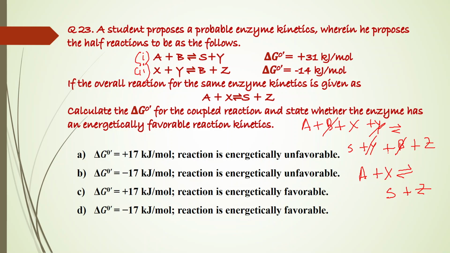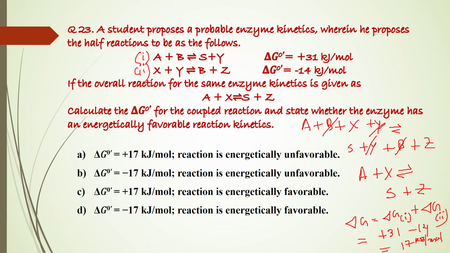So how do we calculate the overall delta G as well? The overall delta G would be delta G of reaction 1, the first half reaction, plus delta G of the second half reaction. So what are the values? Plus 31 minus 14. If you do that, you will end up with 17 kilojoule per mole.